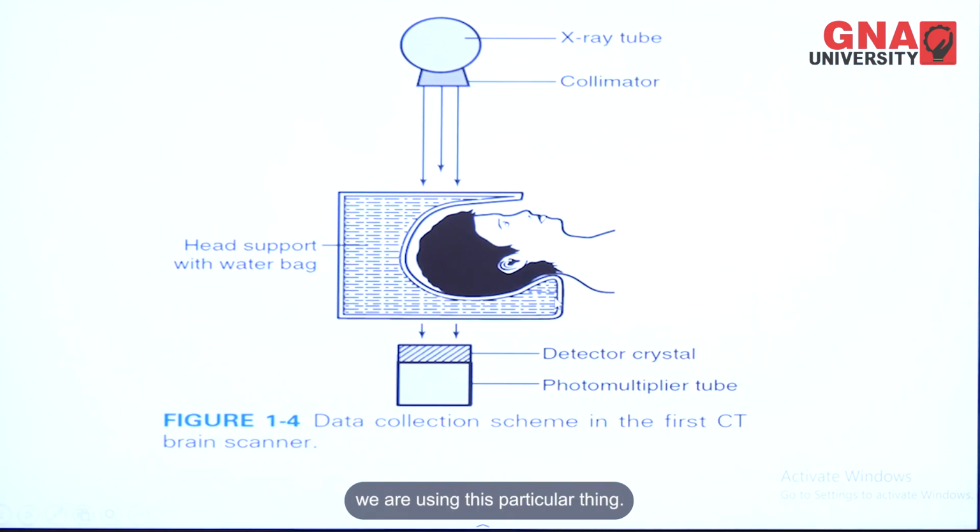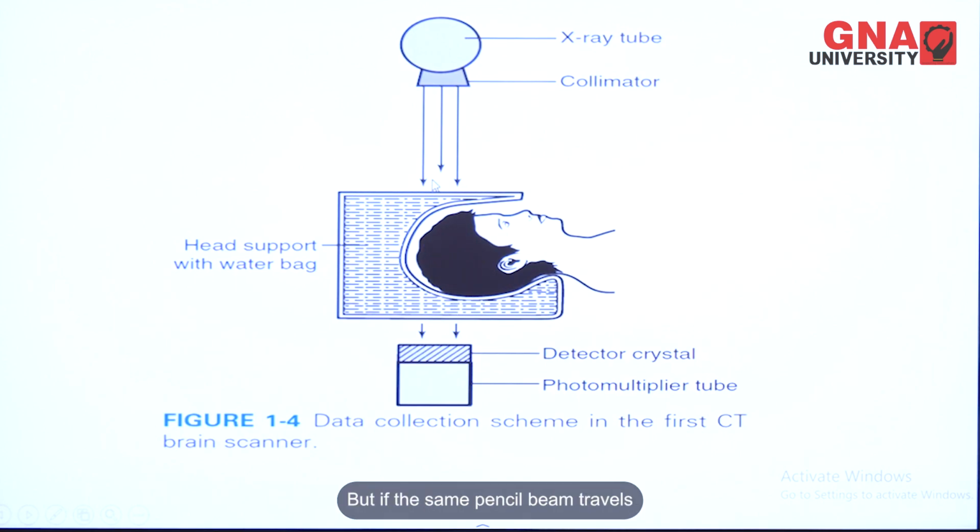In this particular CT system, as you can see from this diagram, we are using this, which is known as the head bath. The head bath is a device or a membrane-like structure in which the head of the patient was kept while we were scanning the head. The reason is that the first generation CT was using a pencil beam. As the pencil beam goes through the wider part of the head, the beams are not attenuated and we get an image.